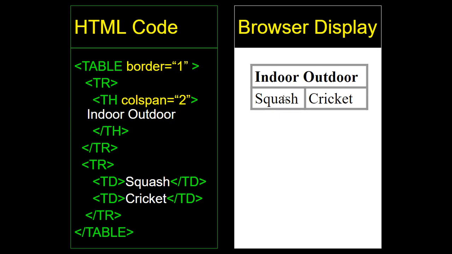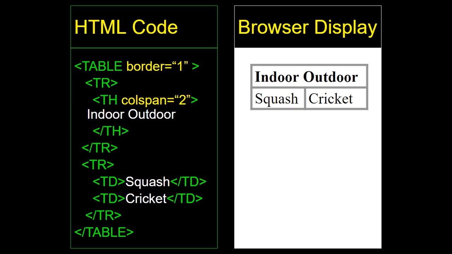In the browser display, we can see that indoor and outdoor are both headings in a single cell, as we have given the value in a single heading pair tag with the attribute of 2.